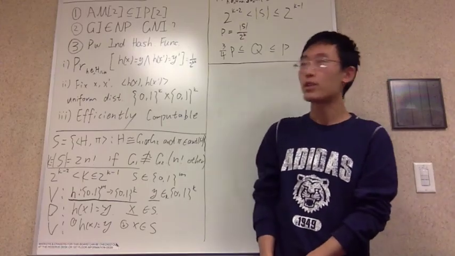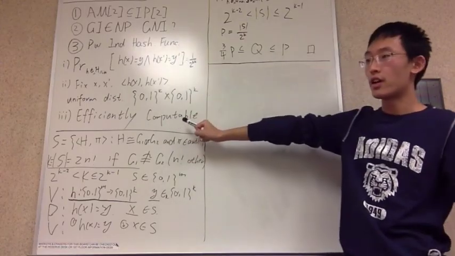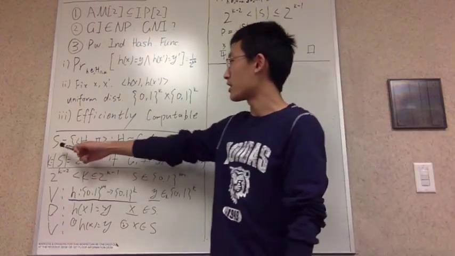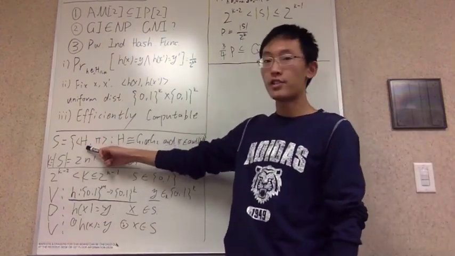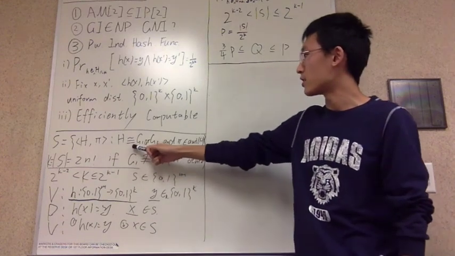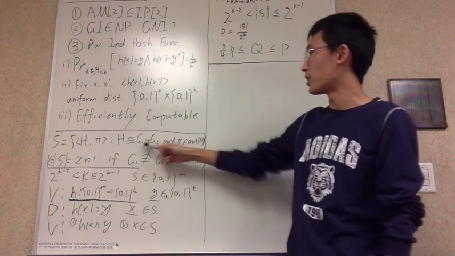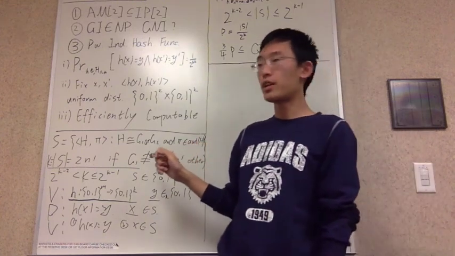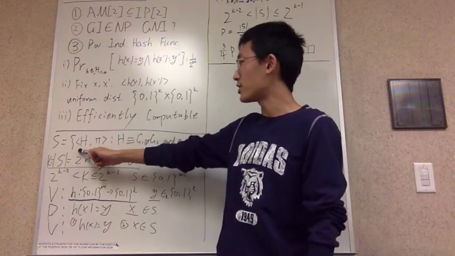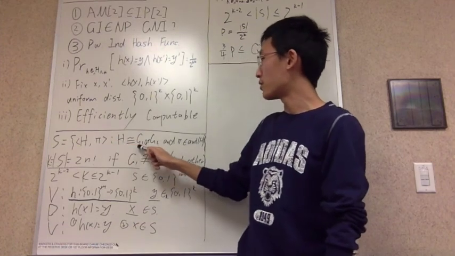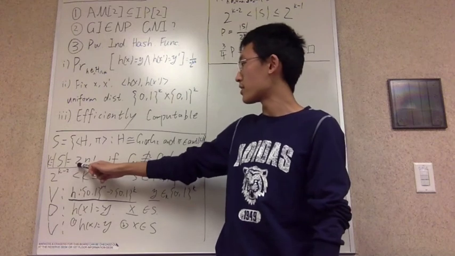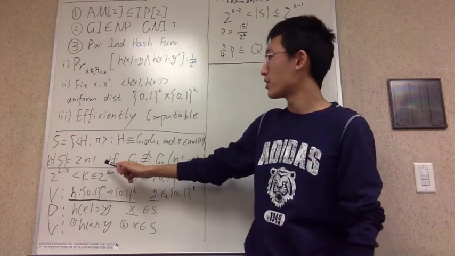Now we have shown everything we need for the proof, so here we do the proof. First, we define a set S, which consists of tuples (H, pi), where H is a graph isomorphic to G1 or G2, and pi is an automorphism of H. Basically, we only need H here. If G1 is not isomorphic to G2, then S should have a size of 2 n factorial.